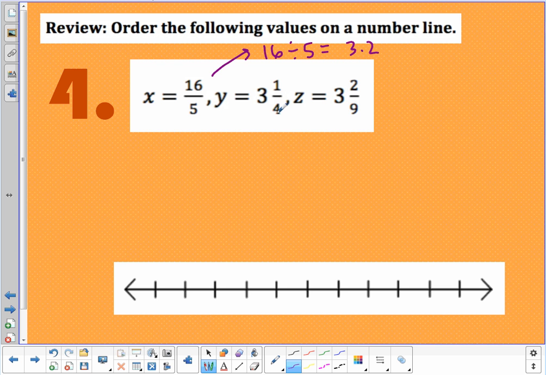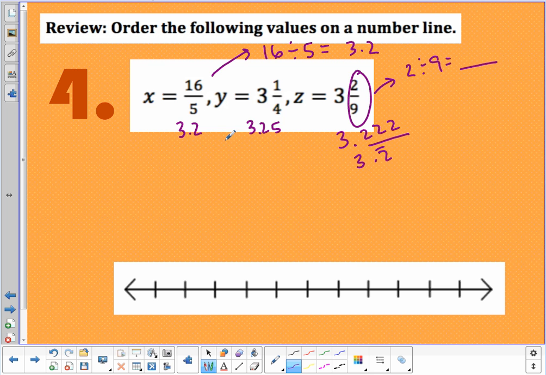We all know that 1/4 is 0.25, but the 2/9, you could take just this piece, 2 divided by 9, see what you get, and then throw that on behind the decimal point of the 3. So 16 fifths was 3.2, 3 1/4 is the same thing as 3.25, and 3 2/9 happens to be 3.222 repeating.